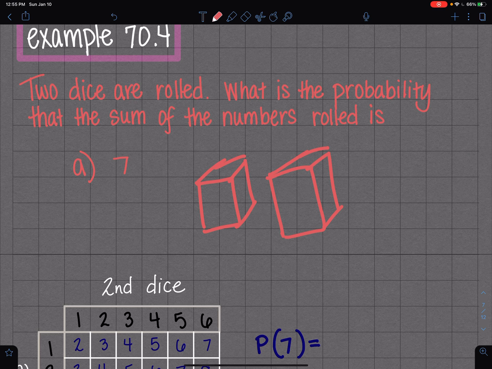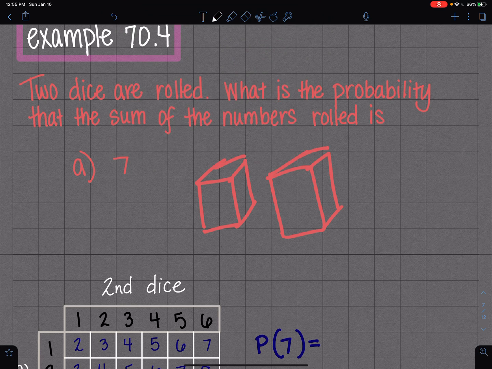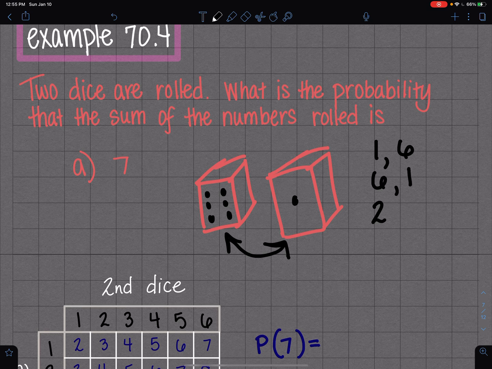You could have a 6 over here and a 1, or vice versa, a 1 here and a 6 there. So you could have a 1 and a 6, or a 6 and a 1, or a 2 and a 5, or a 5 and a 2, or a 3 and a 4, or a 4 and a 3, right? So there's a lot of different ways that can happen.